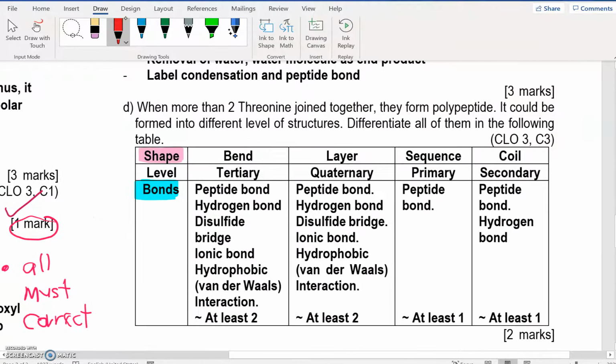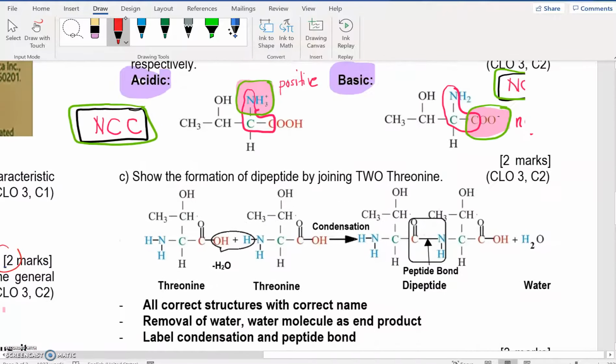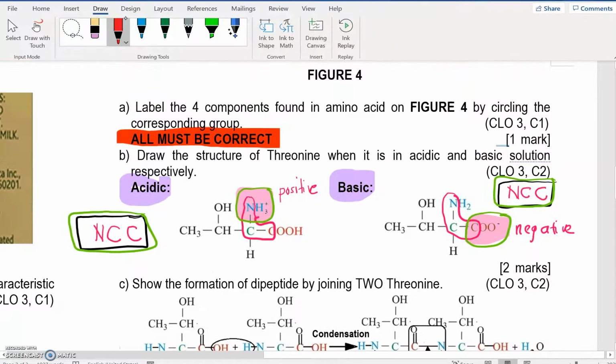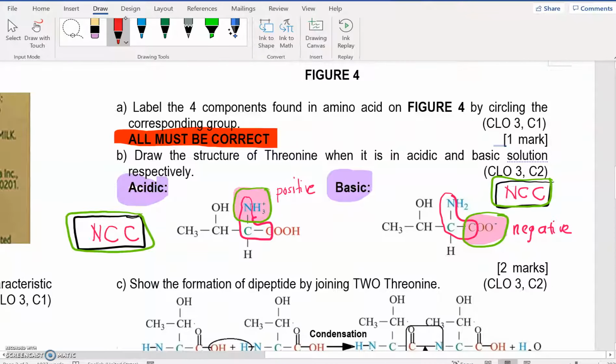Next, the drawing. This is what you have to draw, acidic. Remember teacher mentioned the elements involved, NCC. When acidic, the amino group will ionize to become positive. When it's basic, the carboxyl group will ionize to become negative.